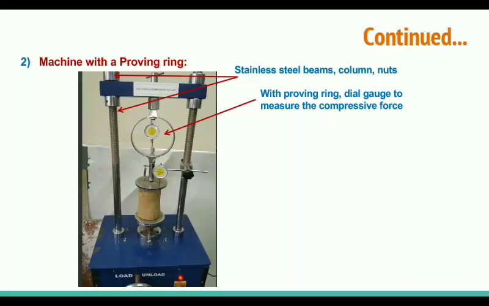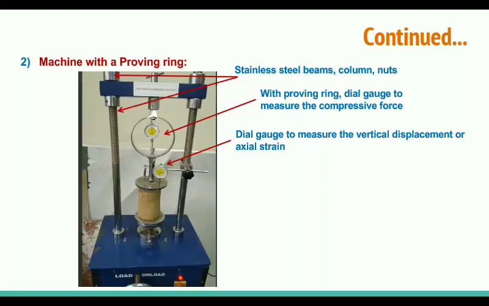Another dial gauge is also fixed with the top plate, and that will give us the vertical displacement. Do not confuse, that will give the delta L. But we can calculate axial strain also by dividing delta L by L, right?